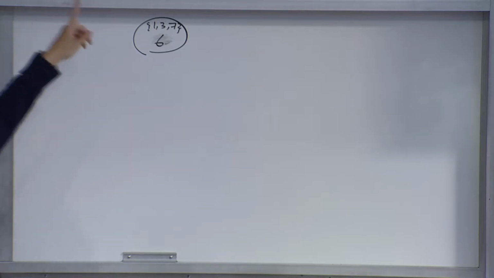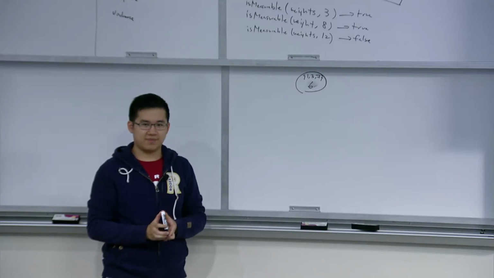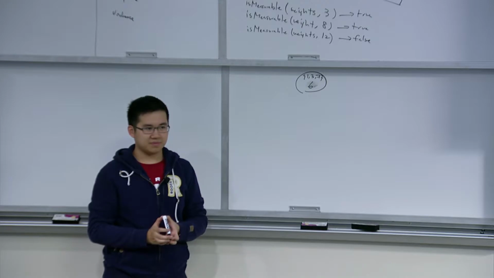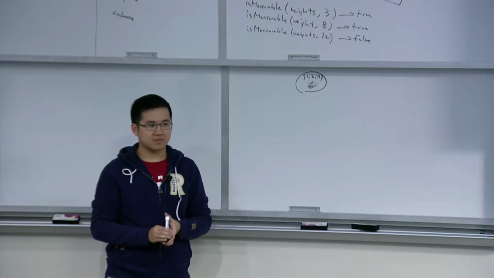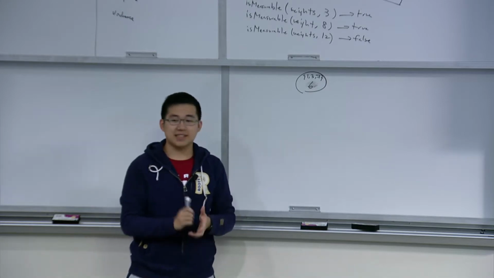Now thinking about this step by step, if I just gave you the weights and a mystery weight, how can you proceed one step at a time? You can go slowly, add on more weight. Yeah, exactly. So this is the key of recursive backtracking.